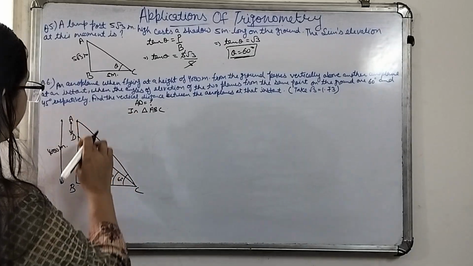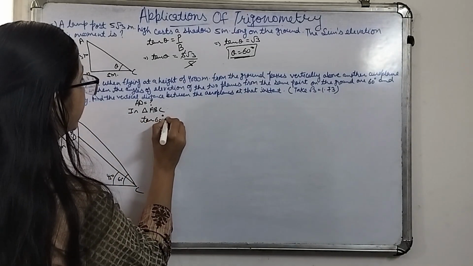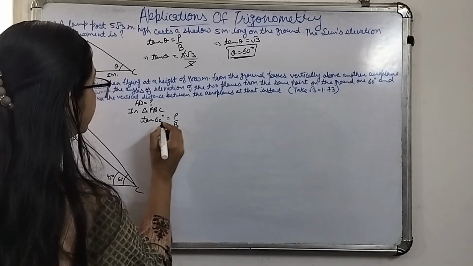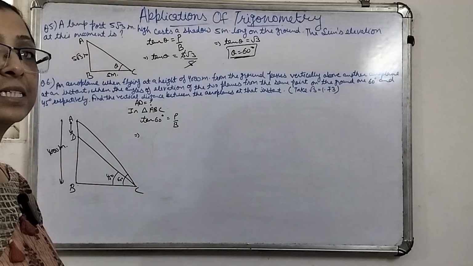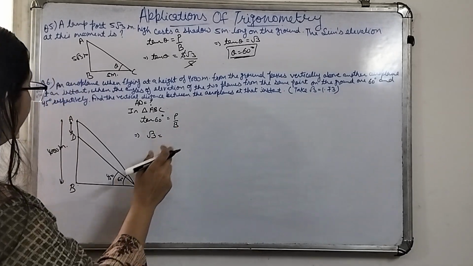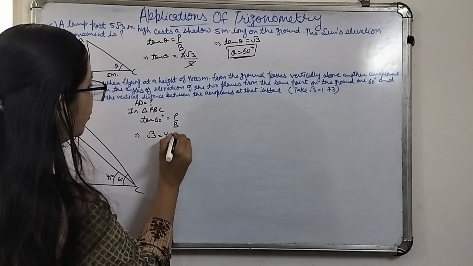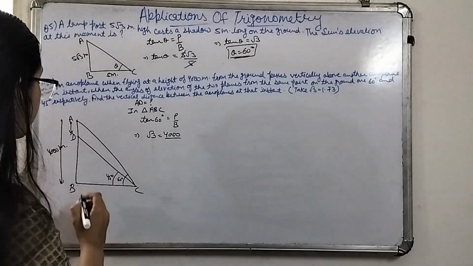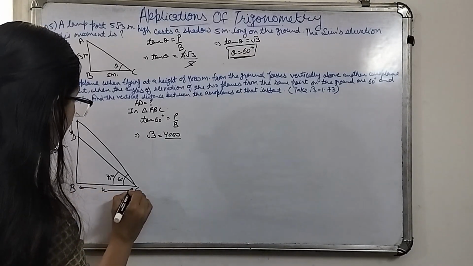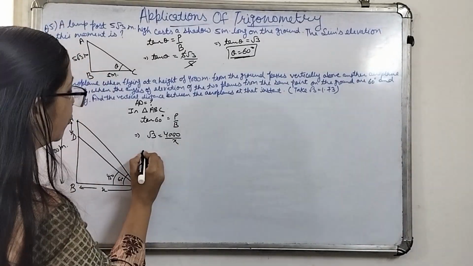So in triangle ABC, tan 60 degrees will be perpendicular over base. We know the value of tan 60 degrees is root 3. The perpendicular is 4000, over the base. Suppose this BC is x, then the base is x.